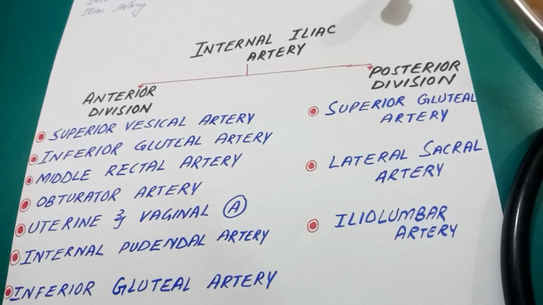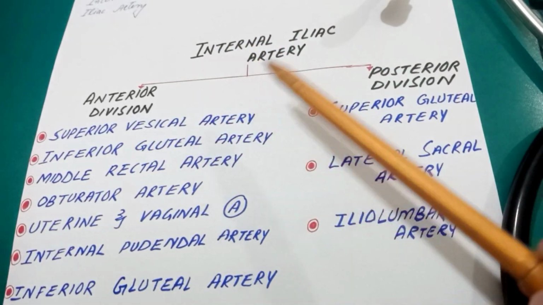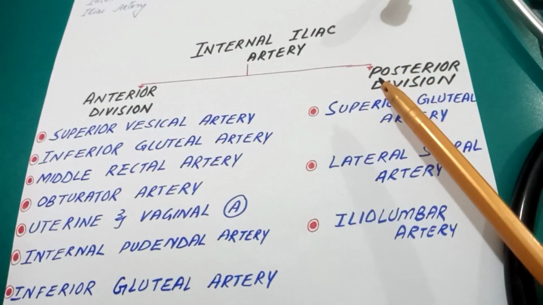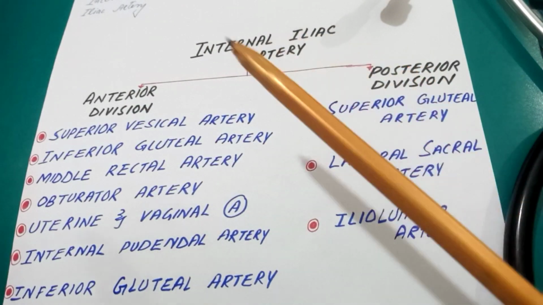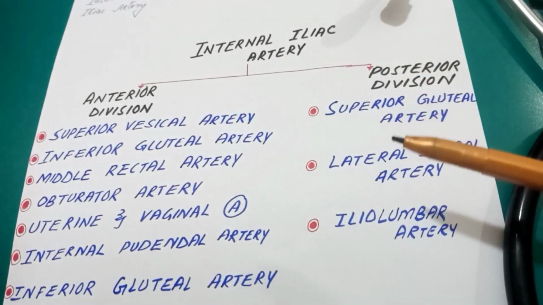Now this internal iliac artery, just above the margin of the sciatic foramen, divides into its anterior division and the posterior division. Its anterior division has some branches and its posterior division has some branches.